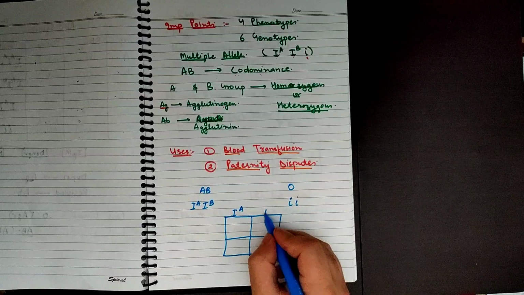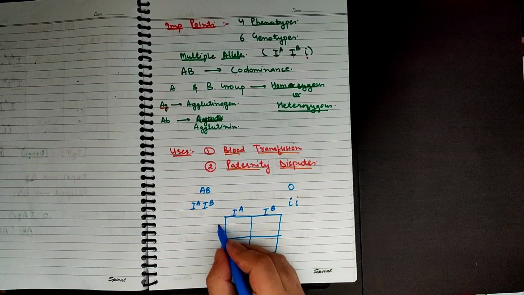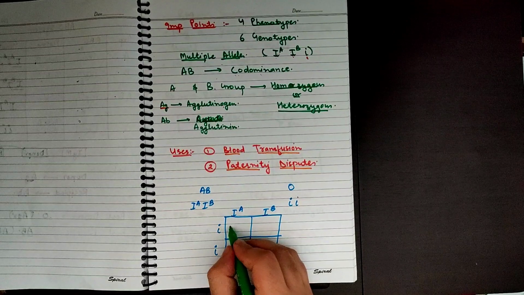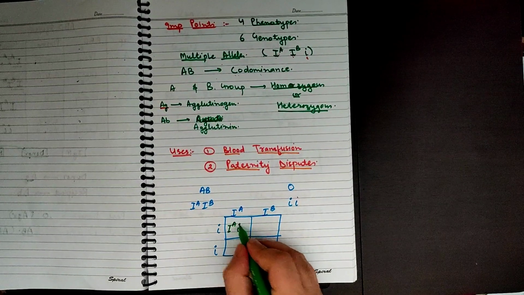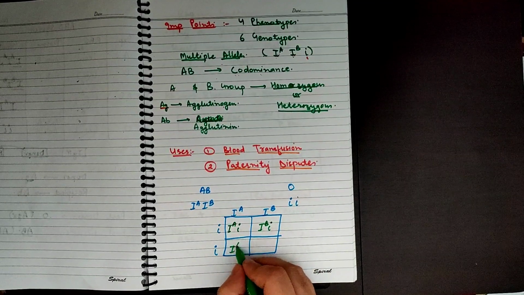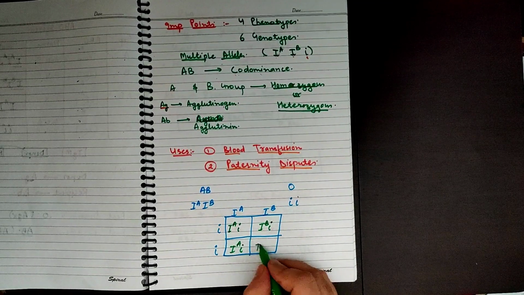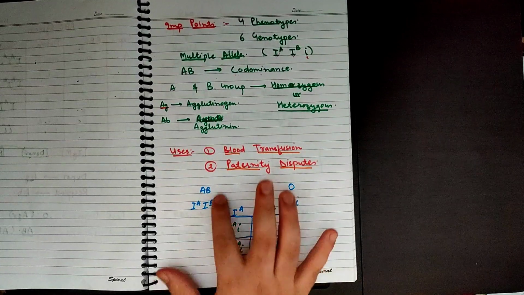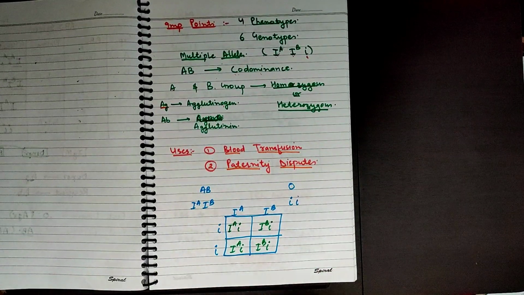We have IA, IB, and we have small i. What will be the possibility of offspring? IA small i, IB small i, IA small i, IB small i. These can be the possible offspring which these two can have.